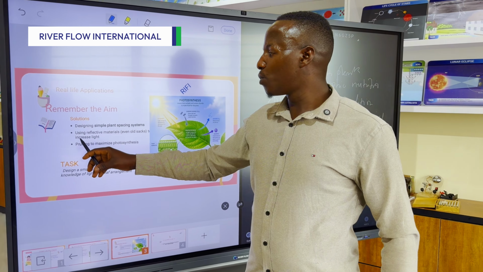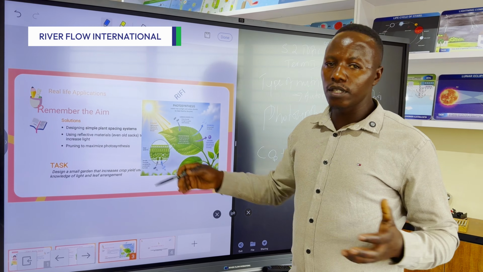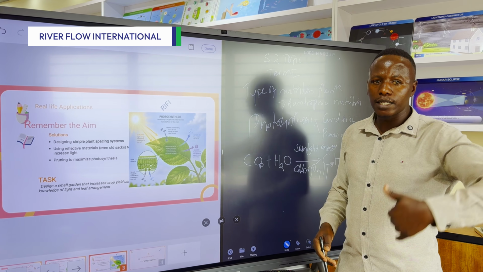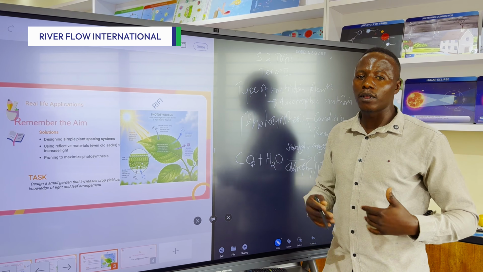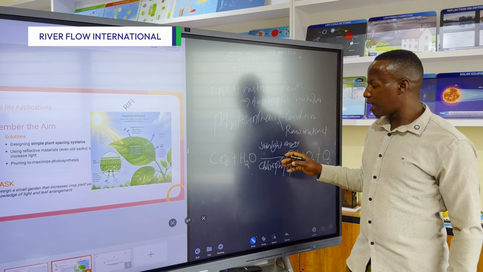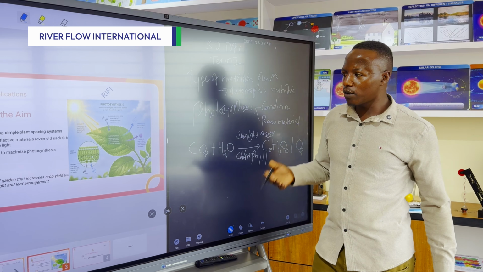Then you can use reflective materials to increase the amount of light that reaches the leaves of the flowers. And remember, I said that sunlight is an essential condition for the process of photosynthesis.